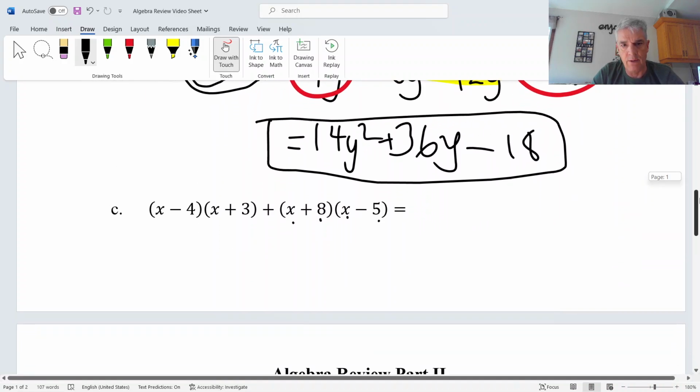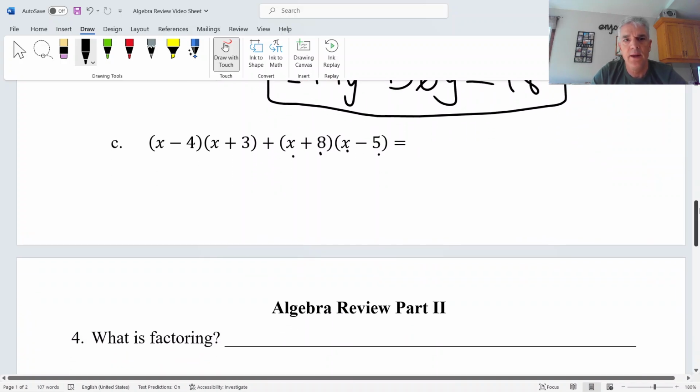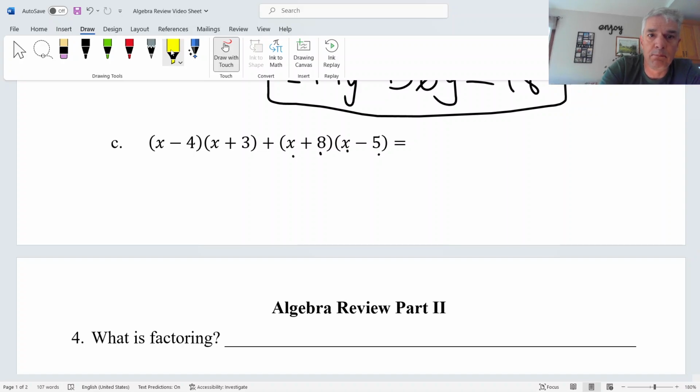Now, the last question here is a little trickier. What I've done is put two sets of binomials multiplied between each other with a plus sign in the middle. So these two, let me go like this in green, this is multiplication, but I do not have that here. This is a plus.